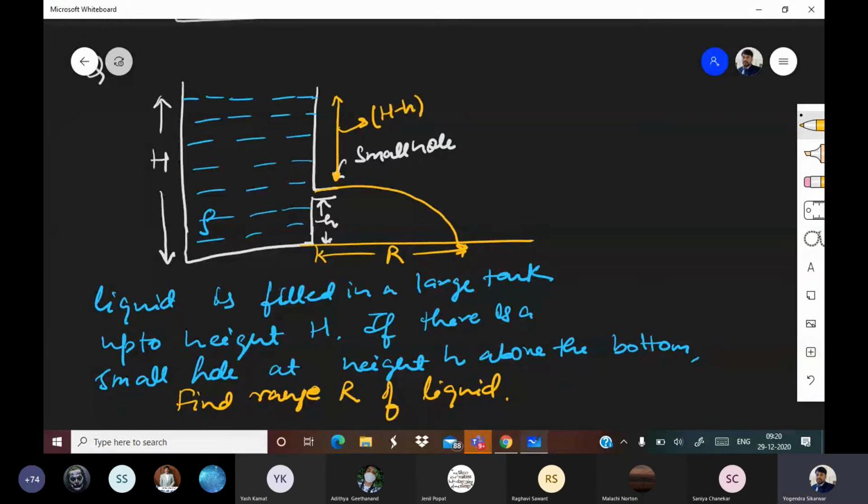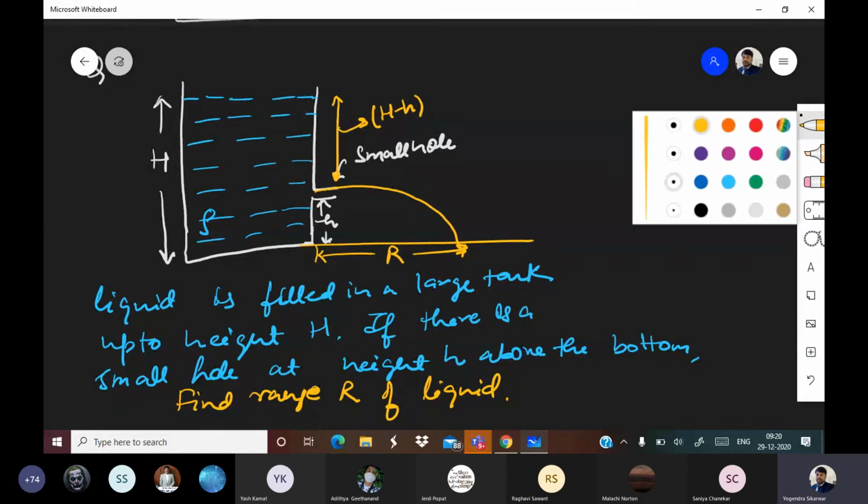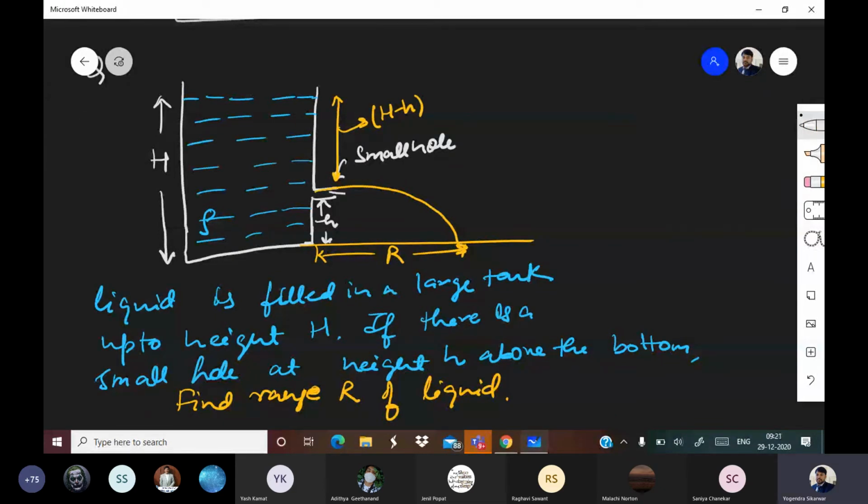So using that, velocity of liquid coming out, V out, will be under the root of 2g (H minus h), because that is the depth of the hole below. Now the next thing, how much time it will take?